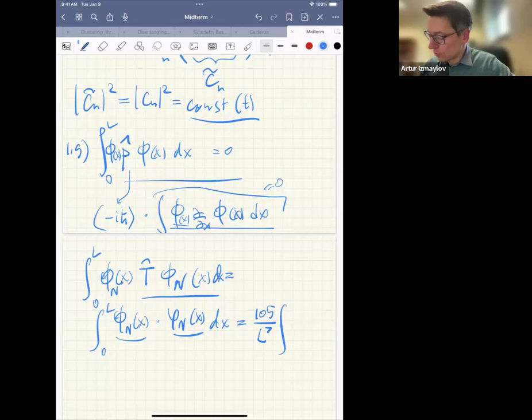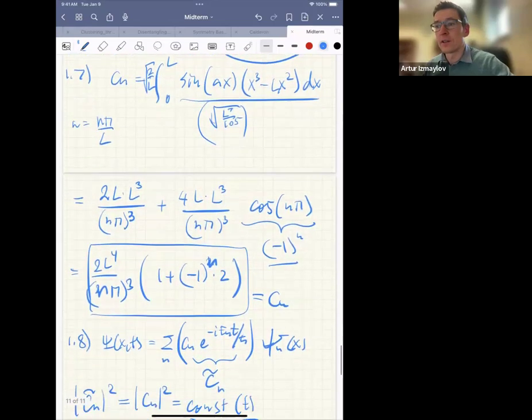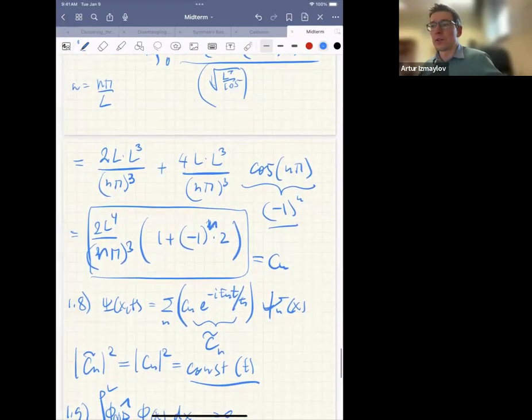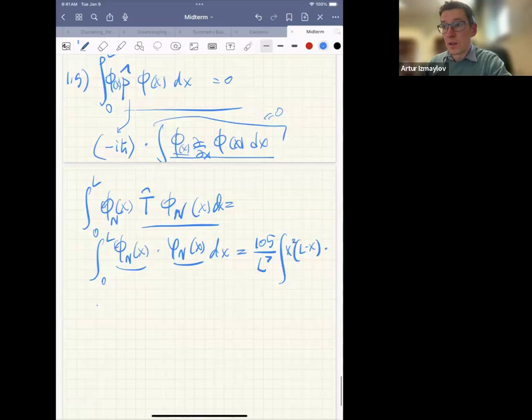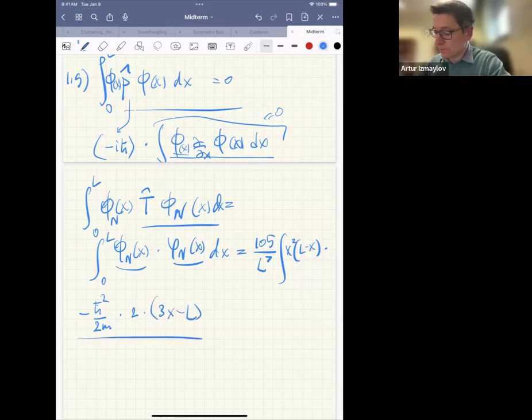And then the integral of x squared times L minus x multiplied by the doubly differentiated function. We somewhere did this already, but let me just simply write what I have. It is this times minus h bar squared over 2m times 2 times 3x minus L. That's after differentiation.